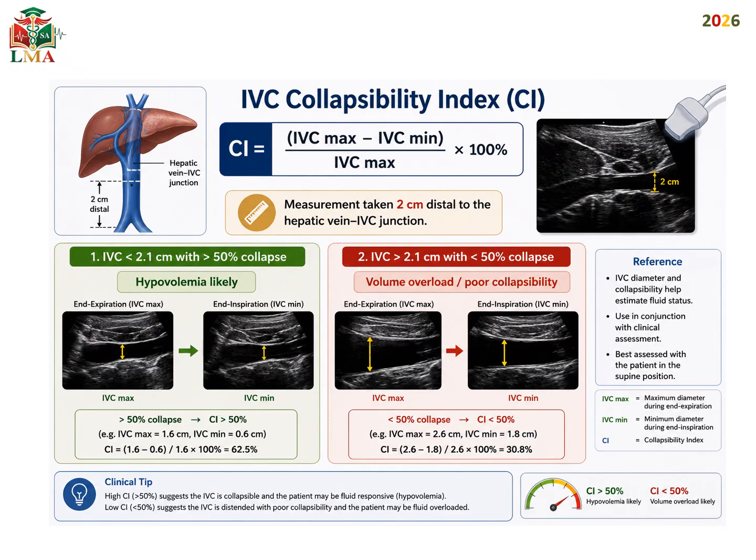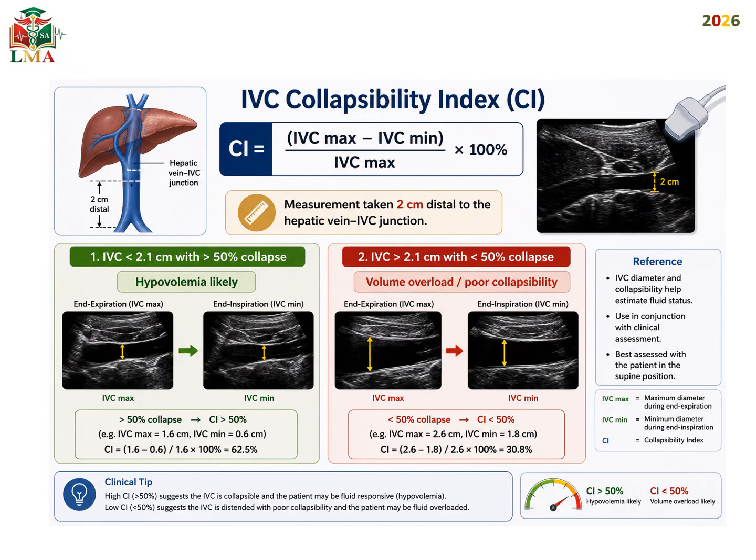Reference, you can see the reference here, and what we are referring to, inferior vena cava max, means maximum diameter during the end expiration. And remember your physiology: during expiration, there will be distension of the veins, whereas during inspiration, increasing thoracic and intra-abdominal pressure will collapse the vein.